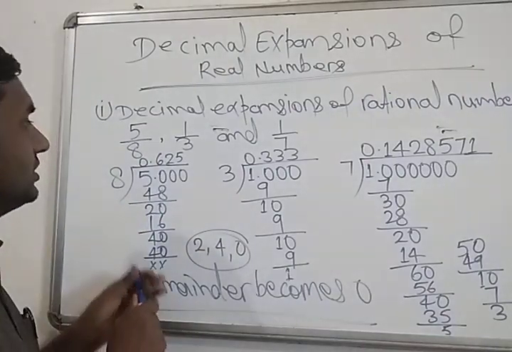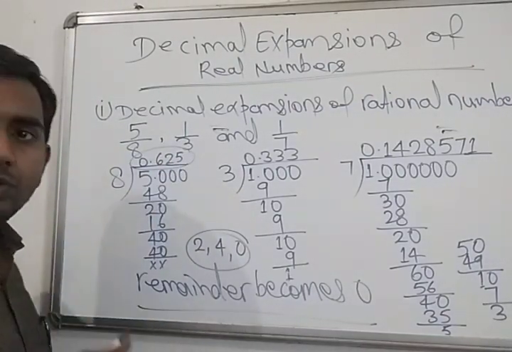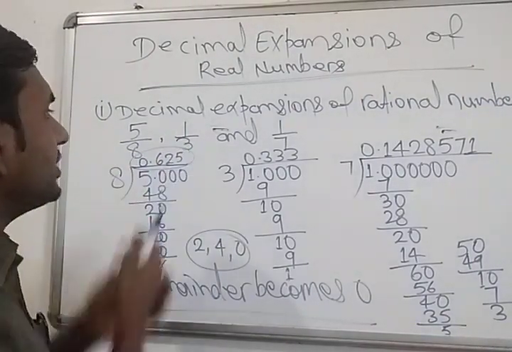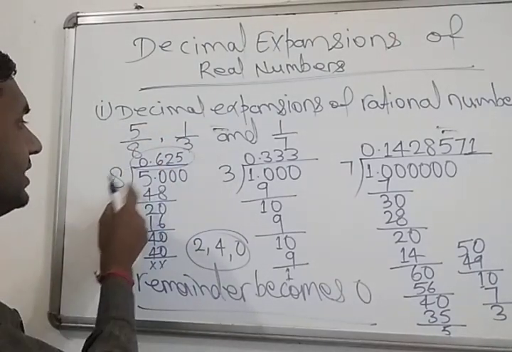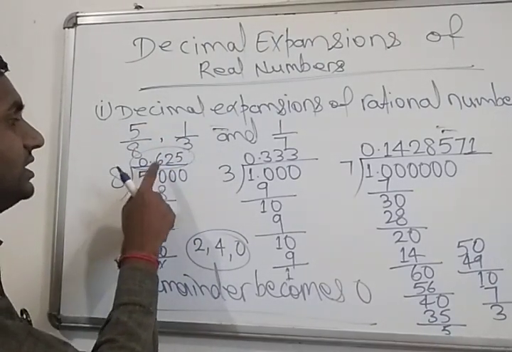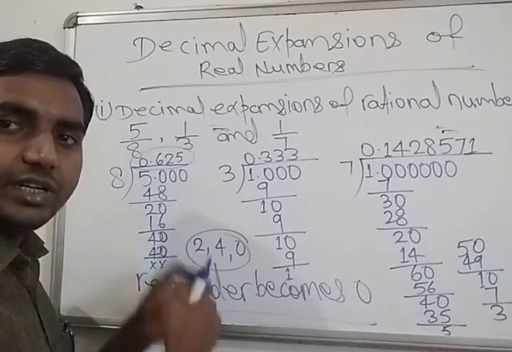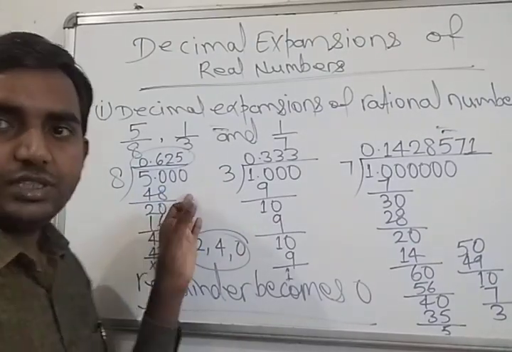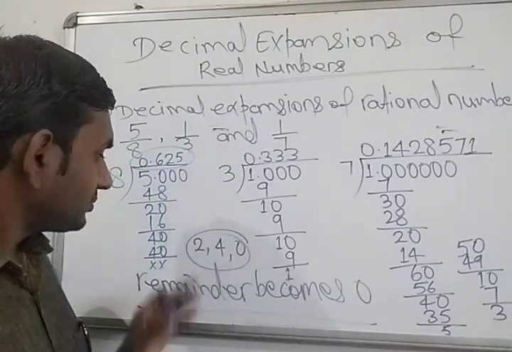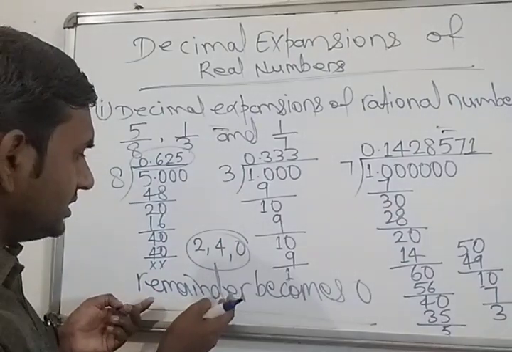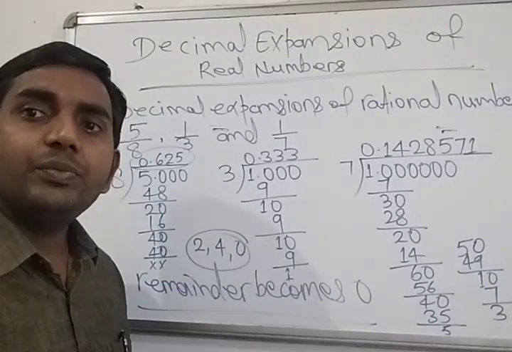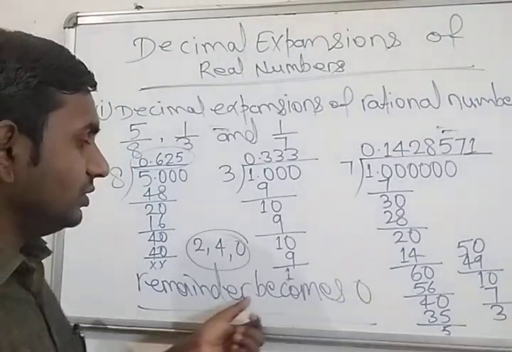Why? Because it terminates after some time. It means 5 by 8 divided gives 0.625 and it terminates completely. So it is terminated when the remainder becomes 0.